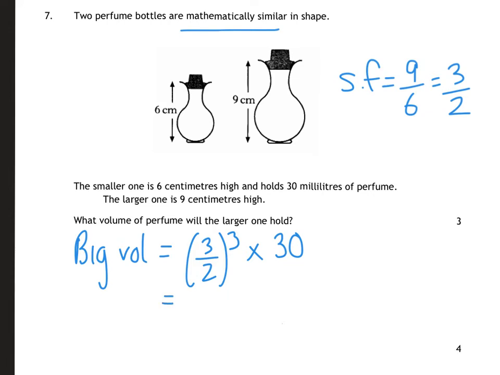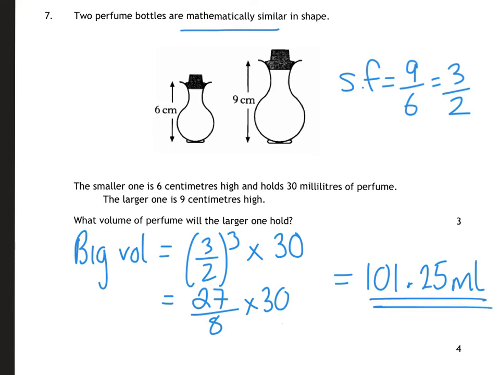Now, I'm doing this as if I don't have a calculator here, so I'm just going to work through the working if we didn't. I know we can do 1.5 cubed times 30, but what if this was non-calculator? You would then say, oh, wait a minute, that's 27 over 8 times 30, and then maybe do a bit of times by the bottom, divide by the bottom, times by the top. And that gives us a nice answer of 101.25 millilitres.